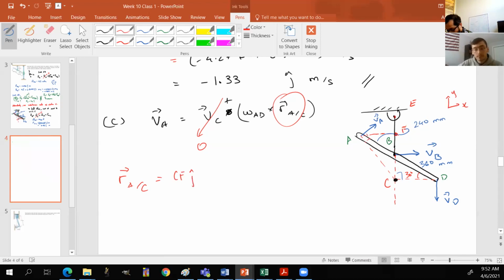And then I'm going AF in the negative i hat direction, so it's minus AF i hat. How are you guys with position vectors and things like that? Does this make sense? R of A relative to C is going to equal CF j hat minus AF i hat.